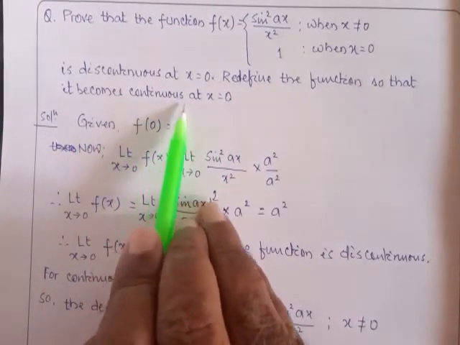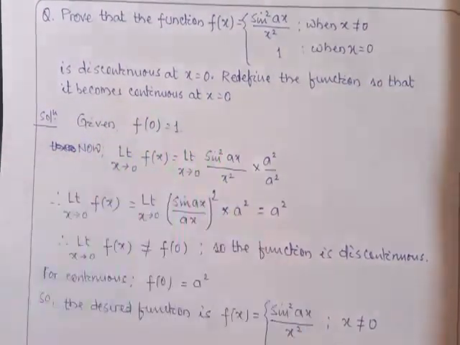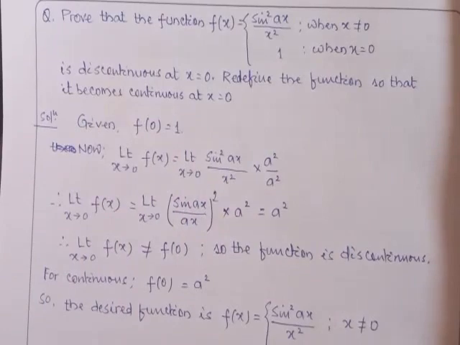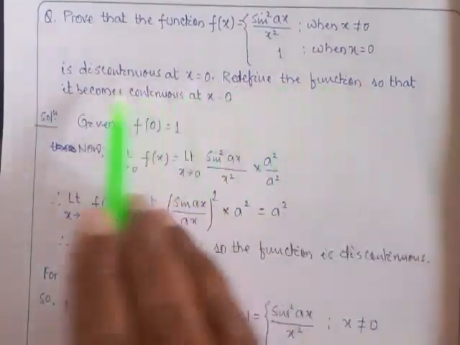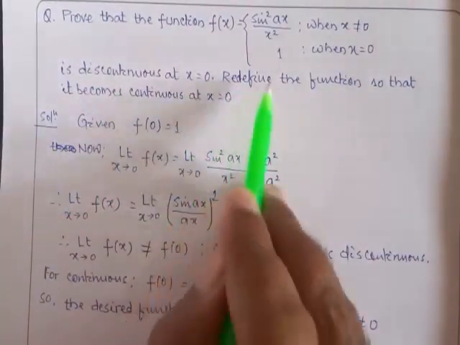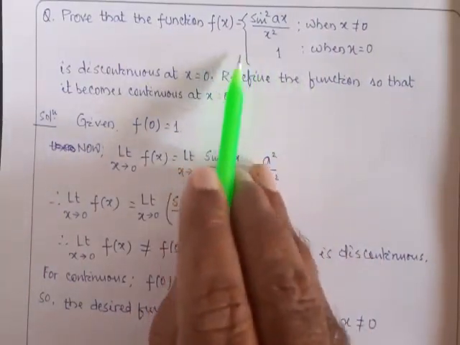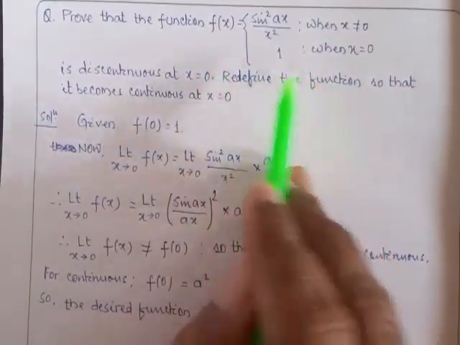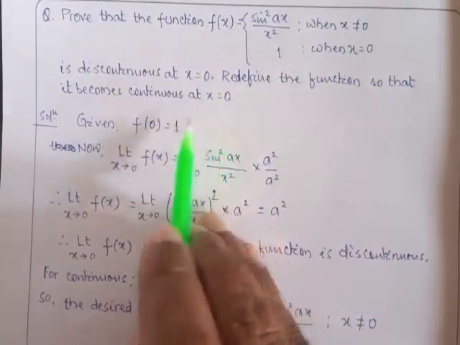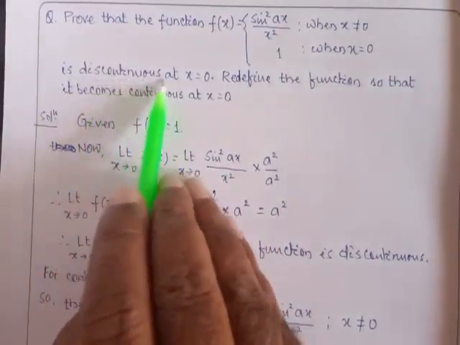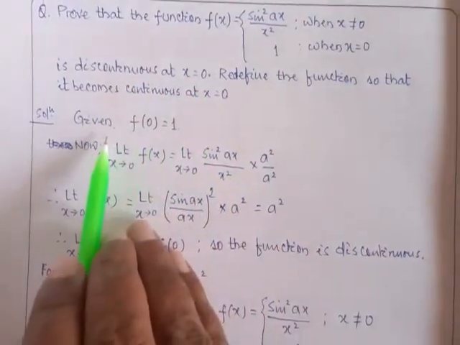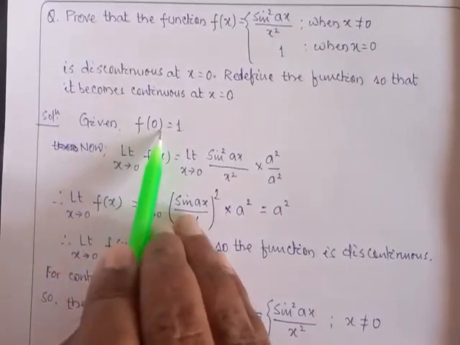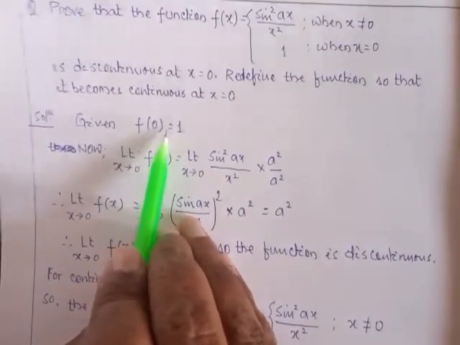So here you have one more part added, meaning how can we put this question such that the function becomes continuous? So first you have to prove the function is not continuous. So what is given? f(0) is 1. So first write f(0) equals 1.